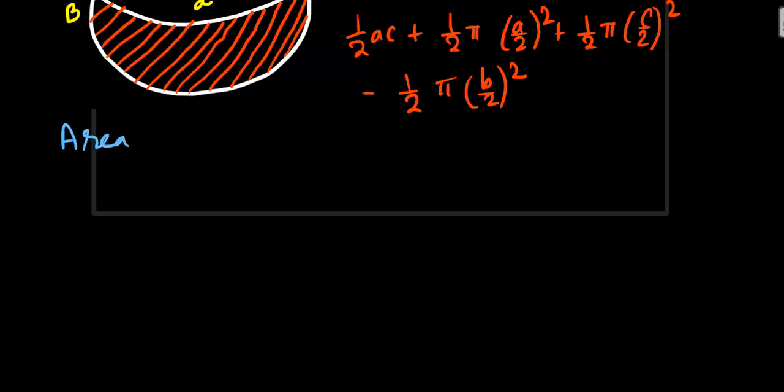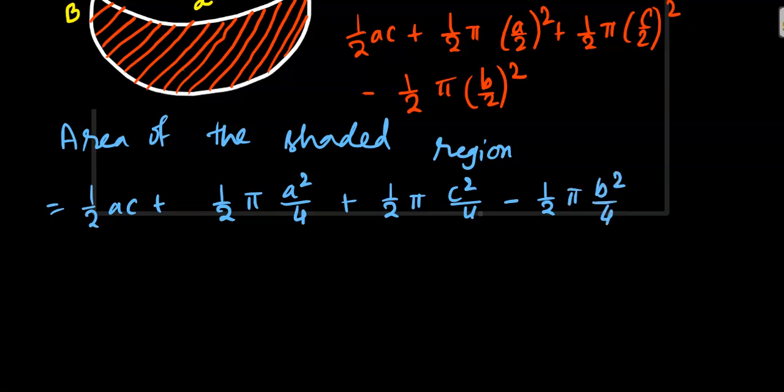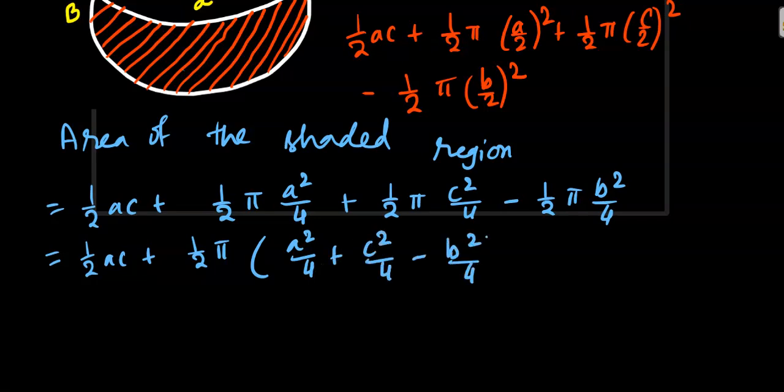The area of the shaded region is equal to half AC plus half pi A square by 4 plus half pi C square by 4 minus half pi B square by 4. So it is equal to half AC plus half pi, which will be common, into A square by 4 plus C square by 4 minus B square by 4.